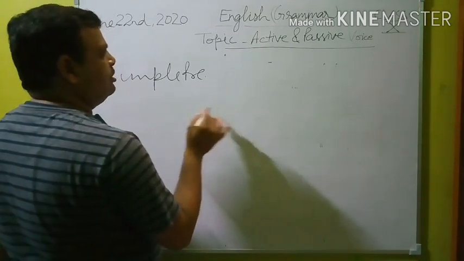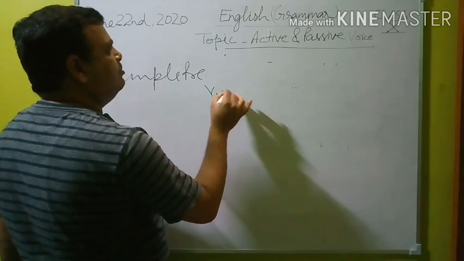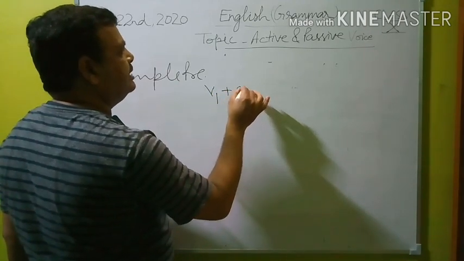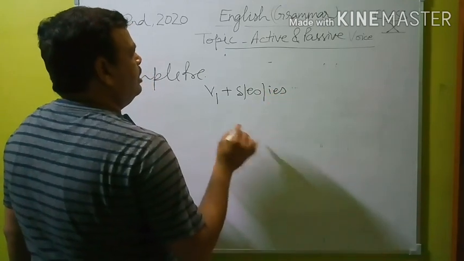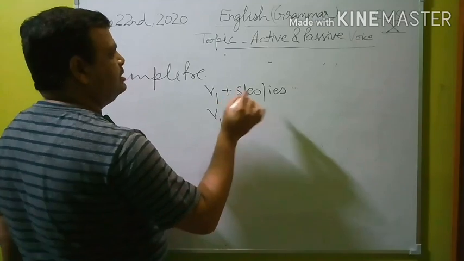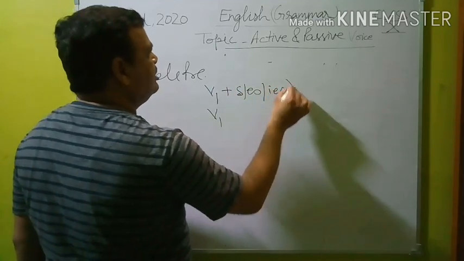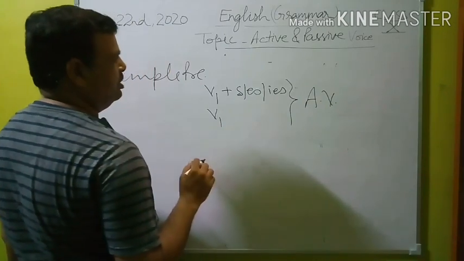What is the verb structure of simple present tense? First form of the verb followed by s, es or ies, or simply first form of the verb. This structure is in the active voice.